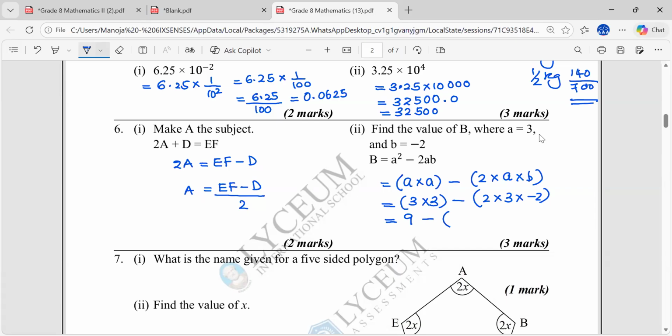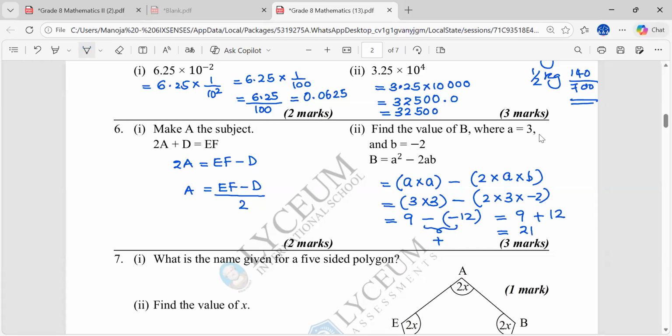Subtract 2 times 3, 6. 6 times negative 2, negative 12. When you have 2 negative signs like this, we know that it becomes positive. So I can rewrite this as 9 plus 12. So the answer is 21.